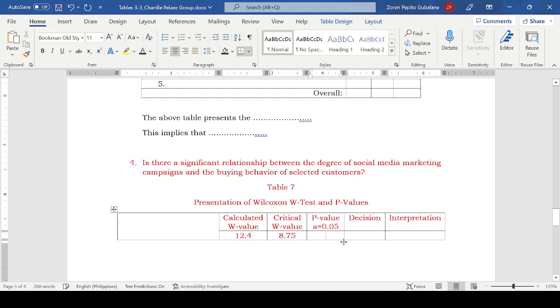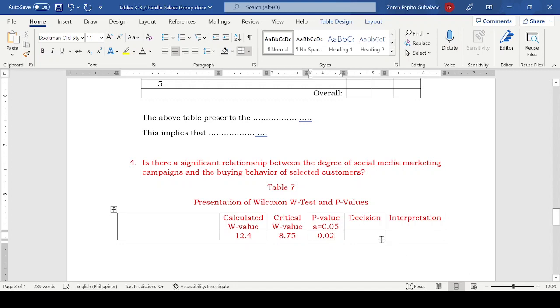Okay. So, for example, upon computation of the value of P, or the probability, the result is 0.02.